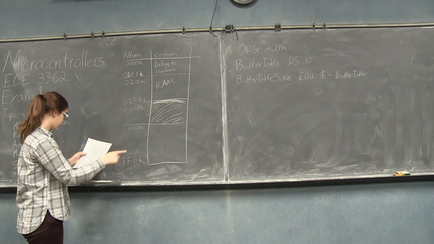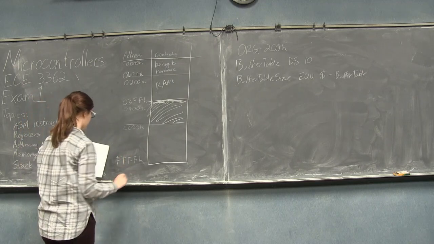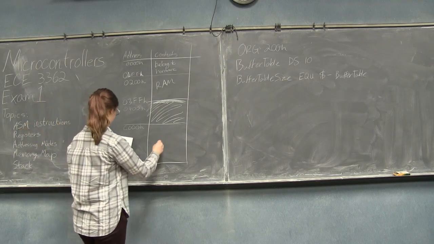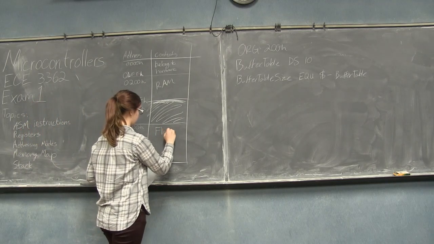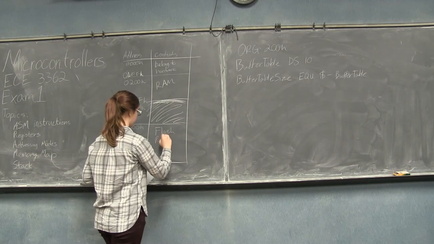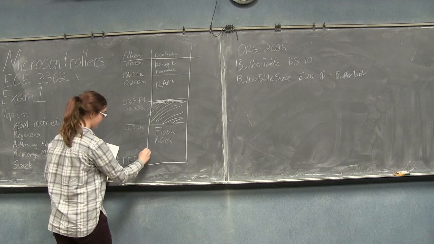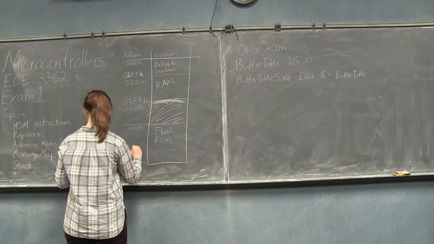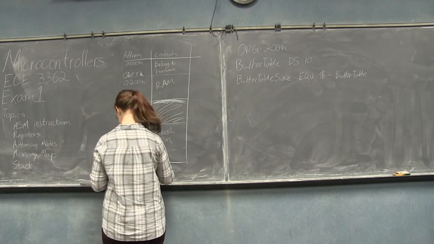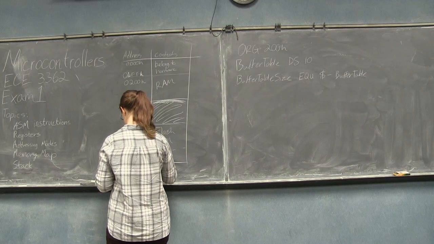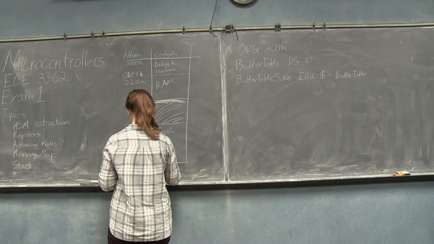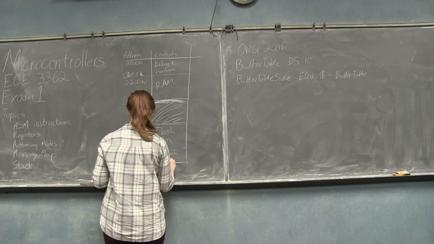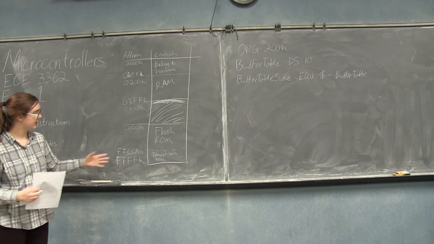And then from C000 to FFDF, you have your flash ROM. And this last portion is the interrupt vector table. You will learn more about the interrupt vector table later.